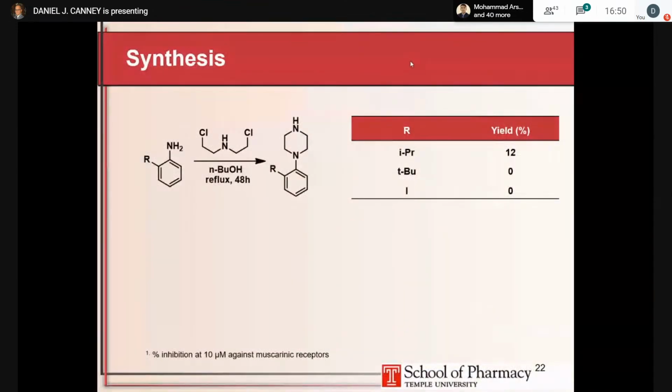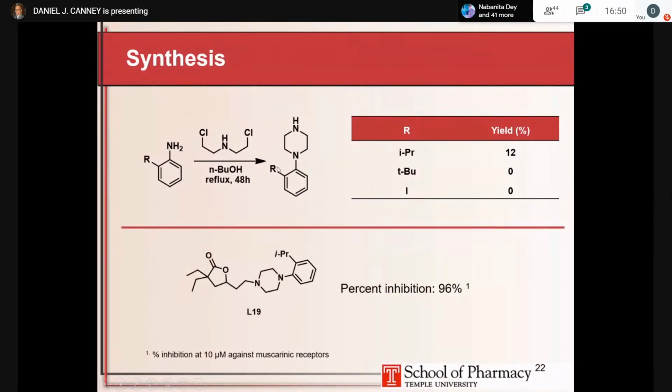So at this point, it was Rong who went off and thought, okay, well, let's make some substituted arylpiperazines, and one of the compounds that we found to be very good in our preliminary assays was this isopropyl derivative, right? Percent inhibition of 96%. At the time, that was one of the best compounds we had based on our preliminary data.